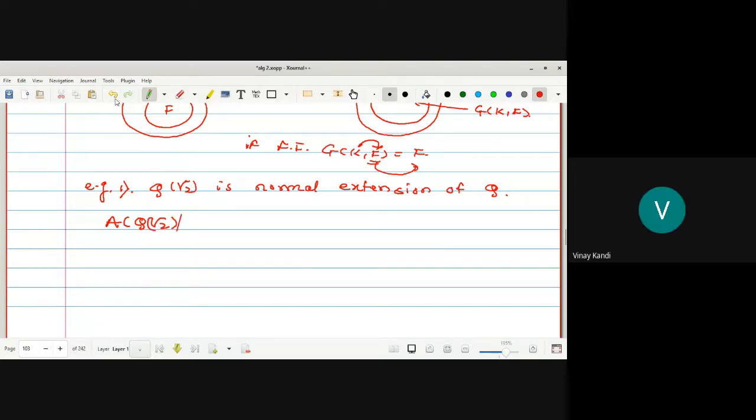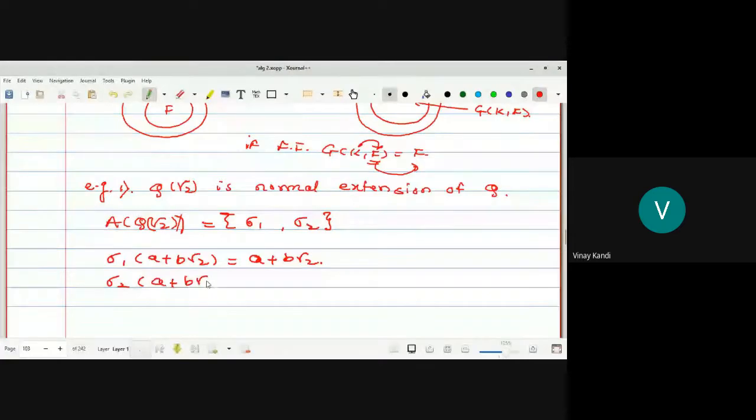A plus B root 2, A minus B root 2. This is the set sigma 1 and sigma 2. What is sigma 1? Sigma 1 of A plus B root 2 is the identity mapping. And what is sigma 2? Sigma 2 of A plus B root 2 maps to A minus B root 2.